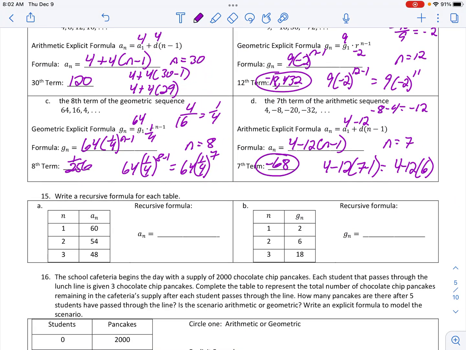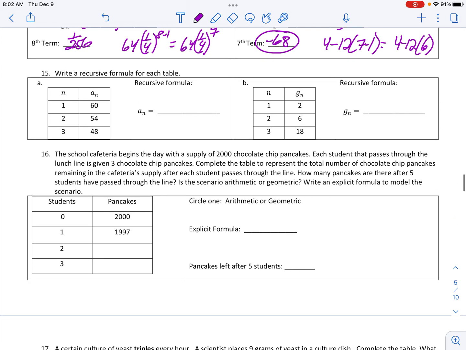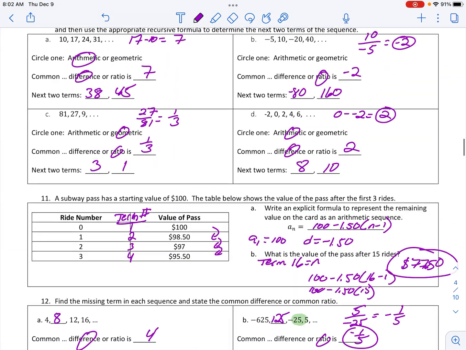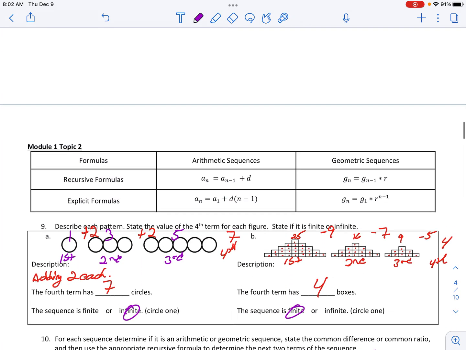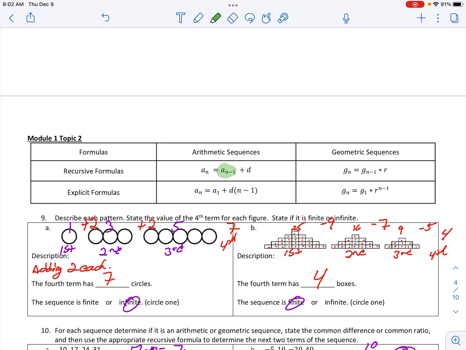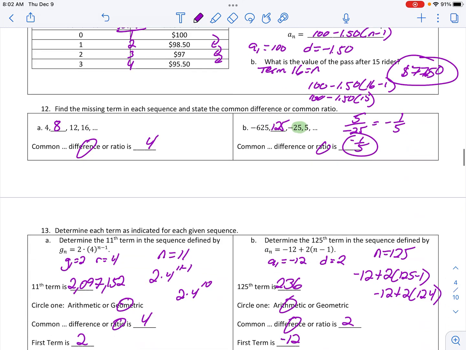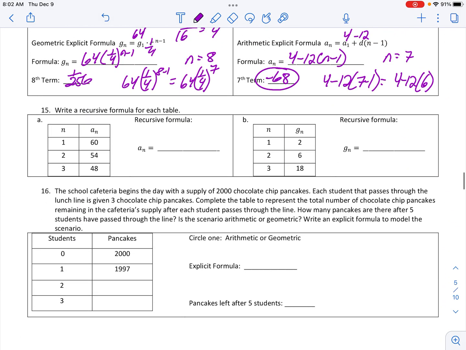Okay. All right, we'll go ahead and do 15 real quick. To write a recursive formula, recursive is just right here, the previous term and how you are moving, okay? So a sub n minus 1 plus d is what we want to do. Okay, how are we moving from 60 to 54, 54 to 48?